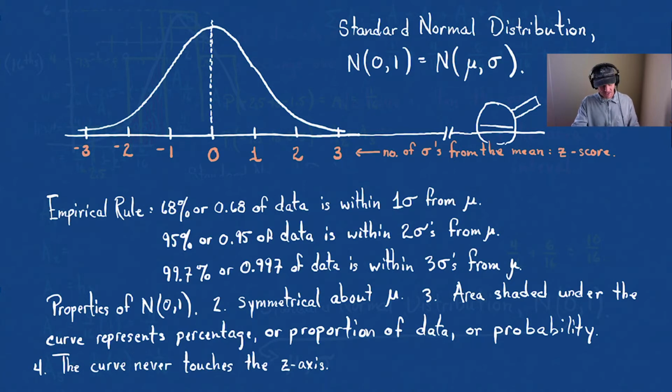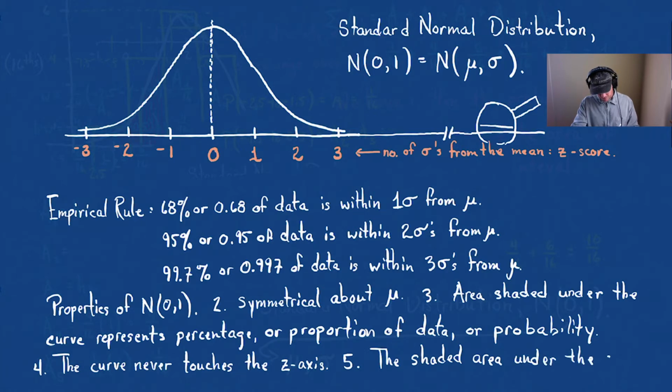Yet, despite never getting there, what we do know, and this again is another calculus problem, but number 5 is the total shaded area under the curve is, under the curve, ooh, I'm running out of space here.